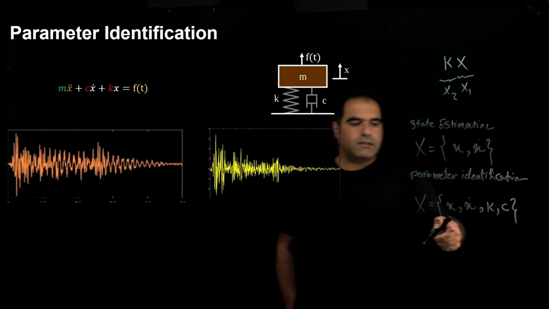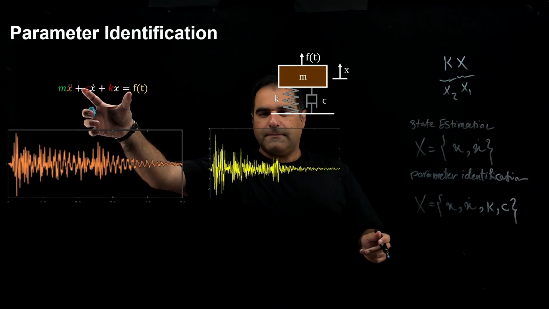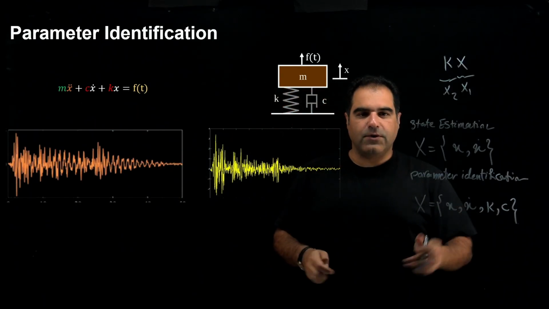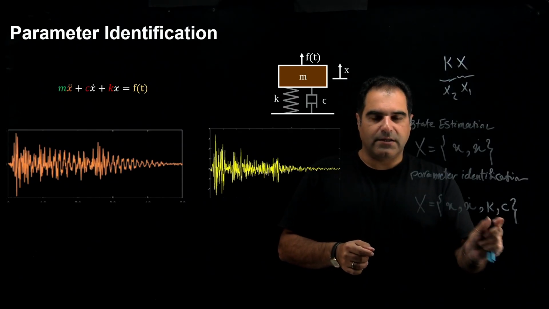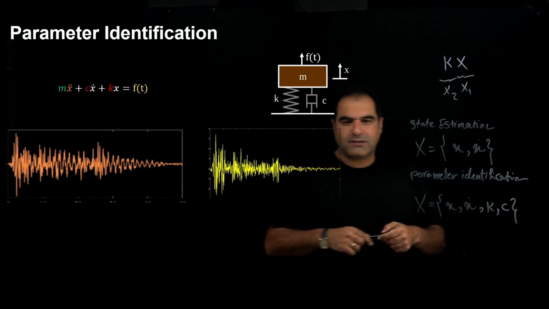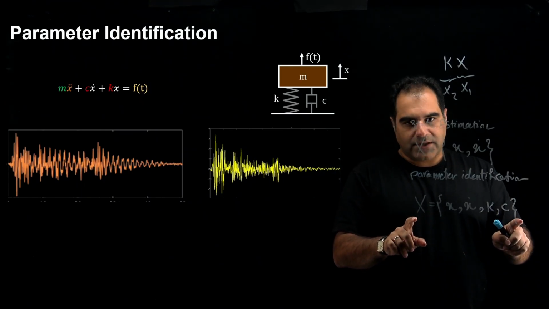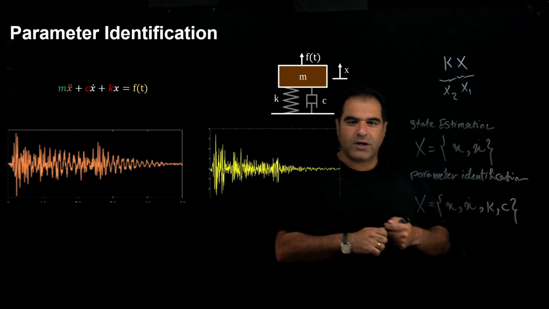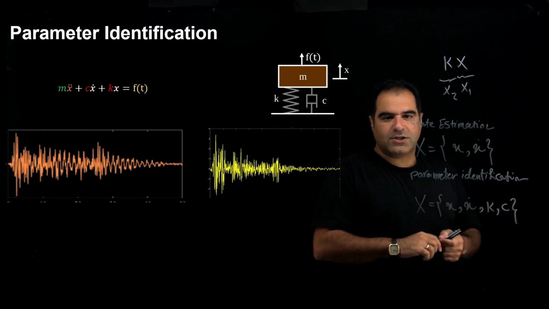You see here? Then in this dynamical equation, we have these four unknowns to be estimated and identified. We call this state vector an augmented state vector, and usually we call it a joint state parameter estimation system identification problem.